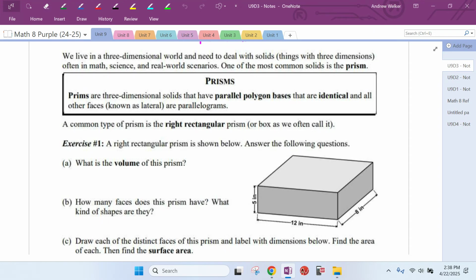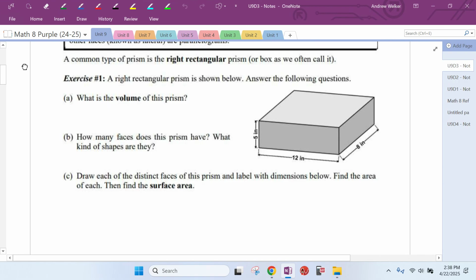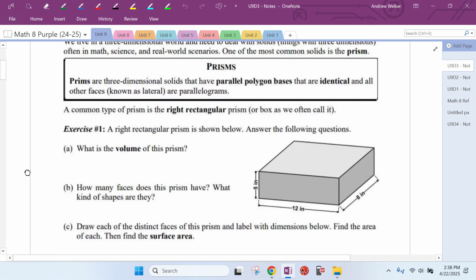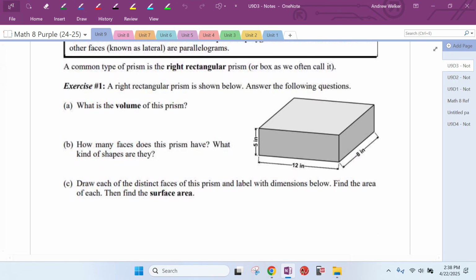A prism is any three-dimensional solid that has parallel polygonal bases that are identical, and all other surfaces, known as lateral faces, are polygons. Or I'm sorry, parallelograms, right? So the most common prism is a right rectangular prism.